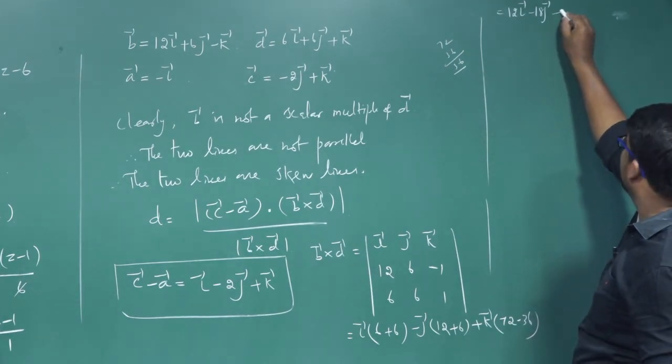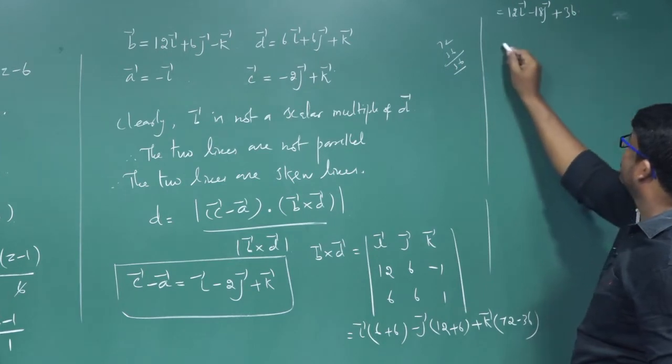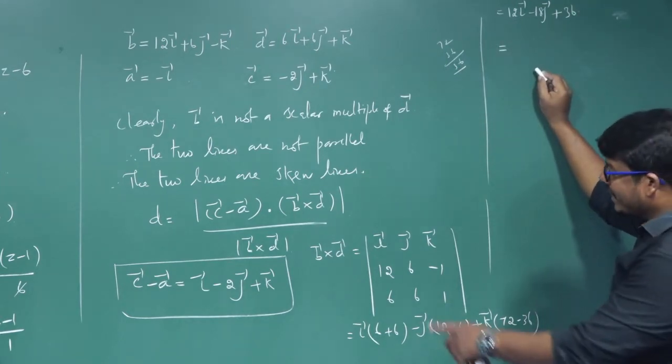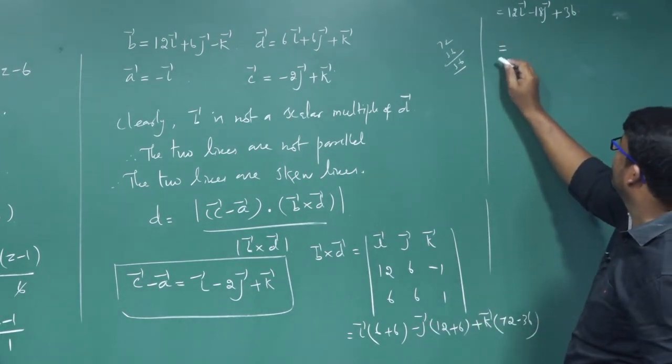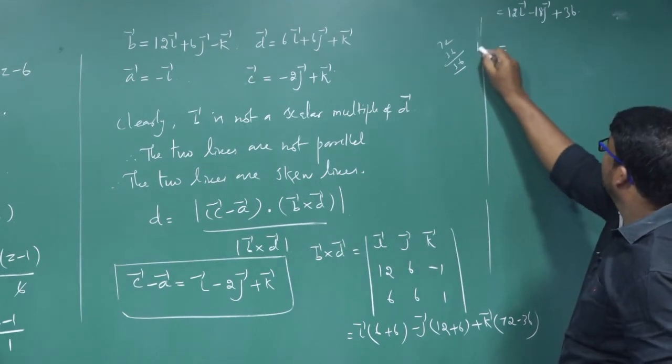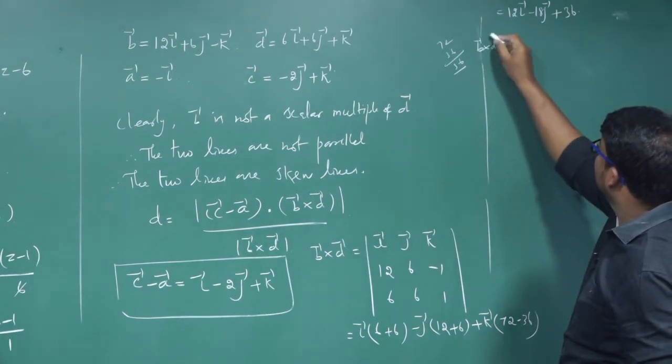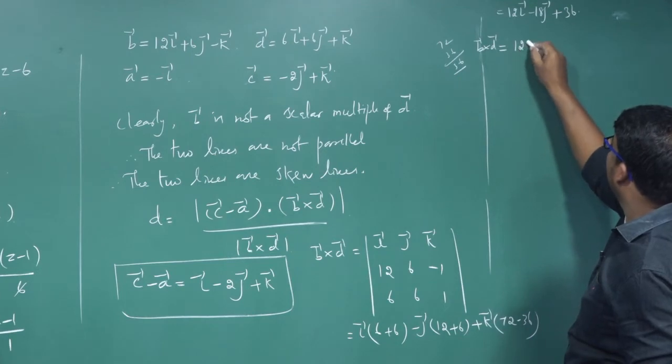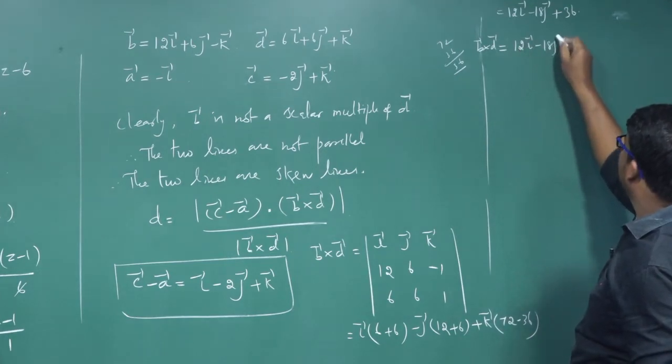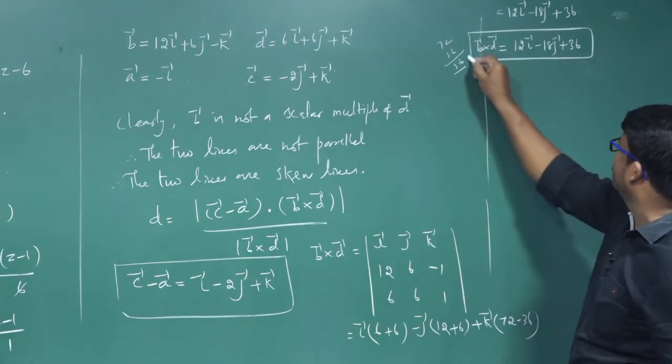So B vector cross D vector equals 12i vector minus 18j vector plus 36k vector.